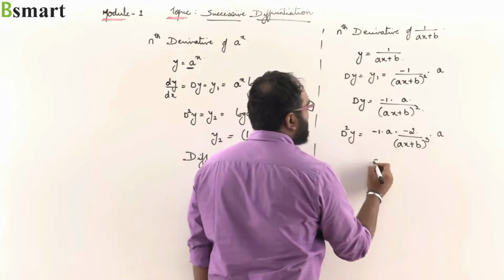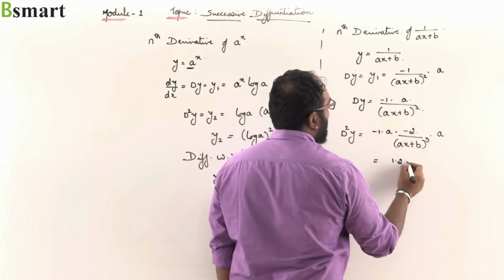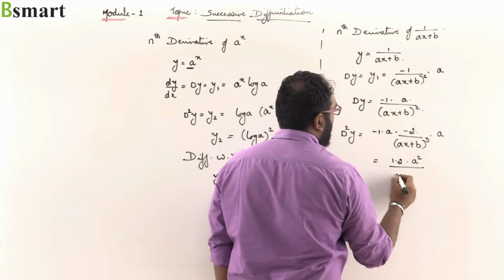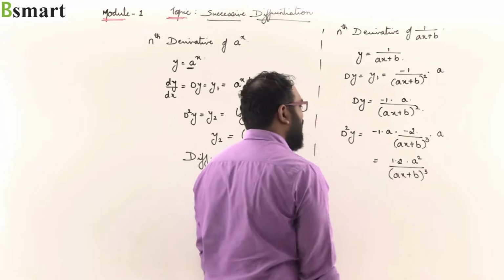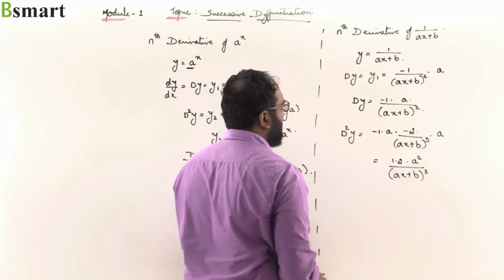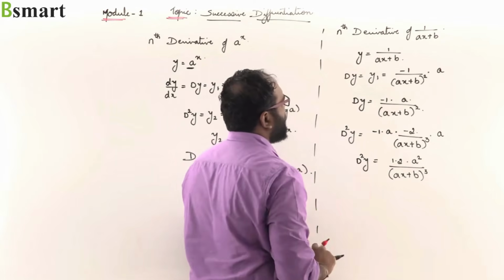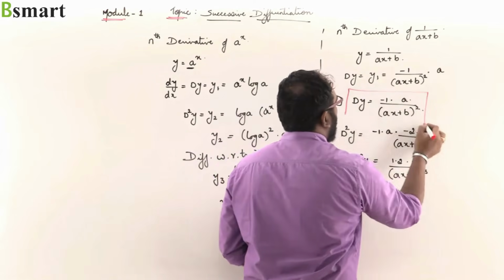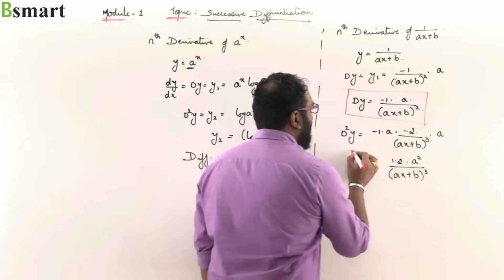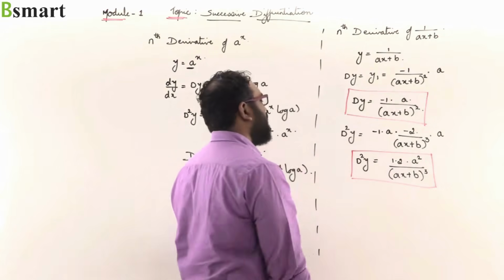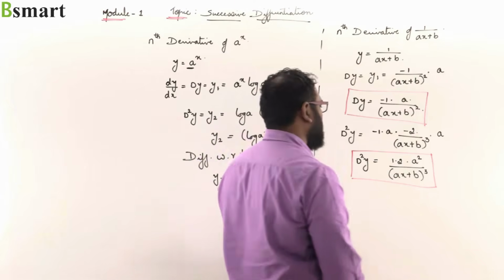So this is equal to minus into minus plus 1 into 2 into a square by ax plus b whole cube. So the value of dy is minus 1 into a by ax plus b whole square, and in the same way d square y is equal to 1 into 2 into a square by ax plus b whole cube.